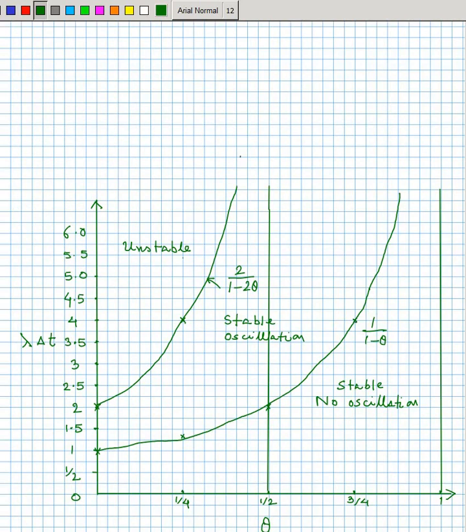this is lambda bar delta t equal to 1 by 1 minus theta. This is the graph, and if it is less than this and greater than this, that means lambda bar delta t is greater than 0 and less than 1 by 1 minus theta.